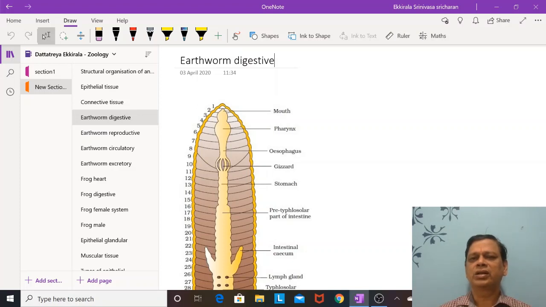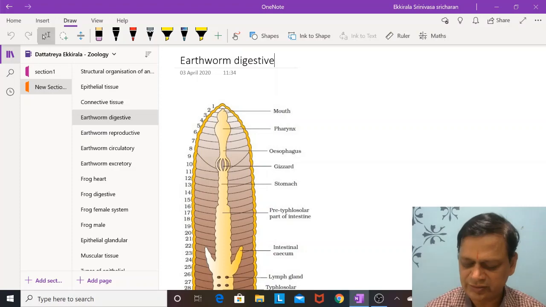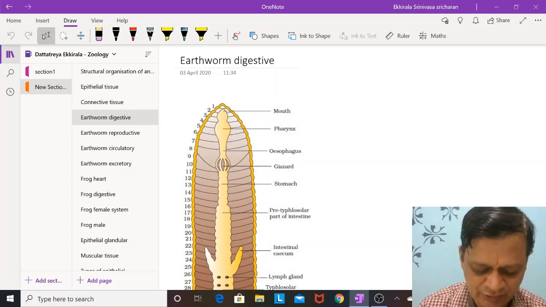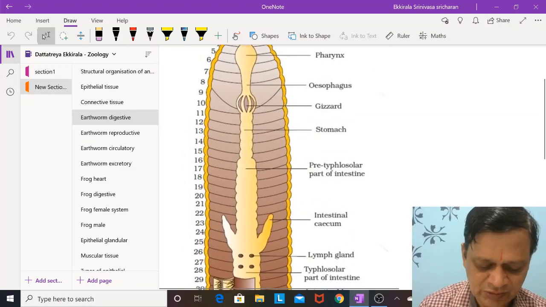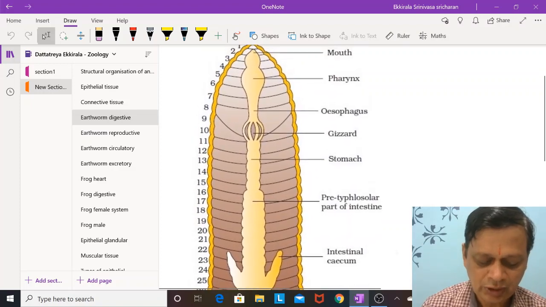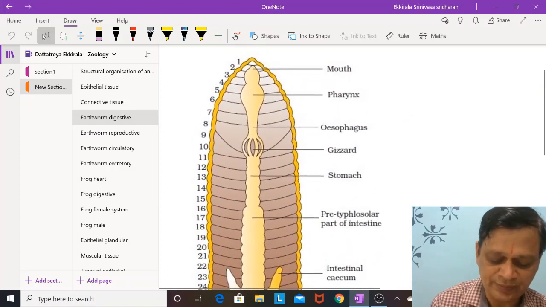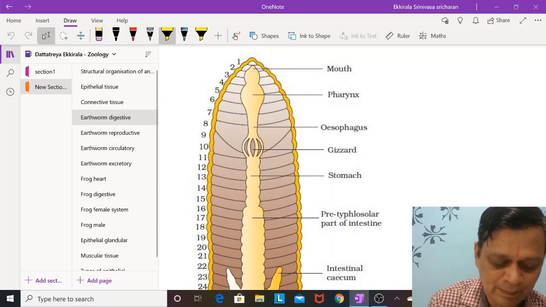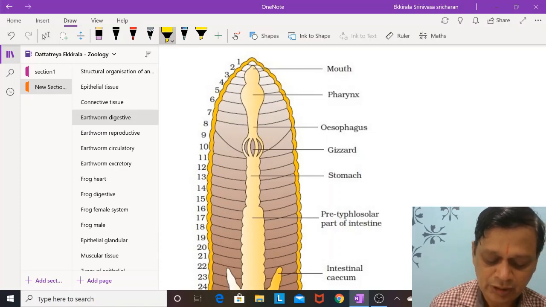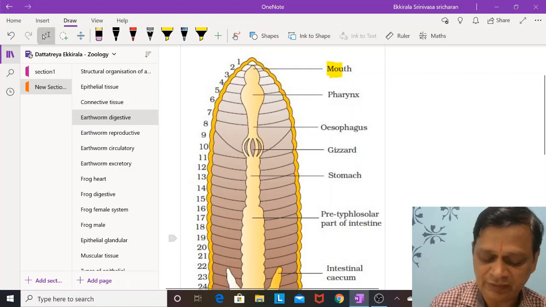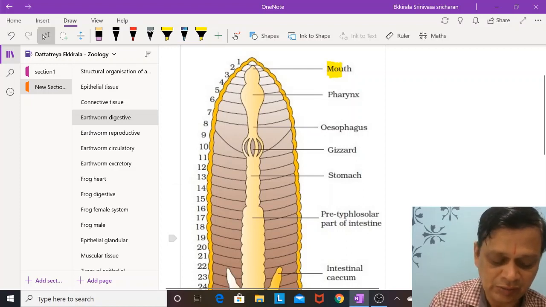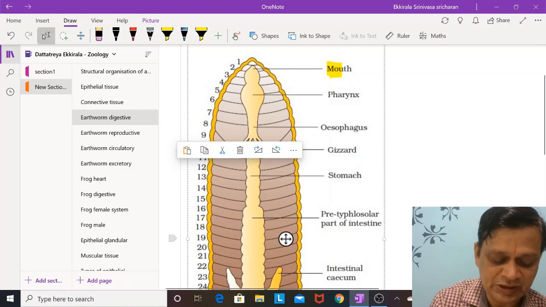So here, a few important things on the systems, we'll make a quick revision. First one, digestive system. In the digestive system, the first segment is having the mouth.